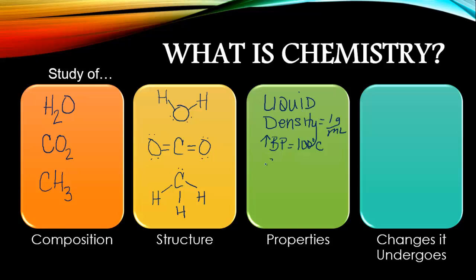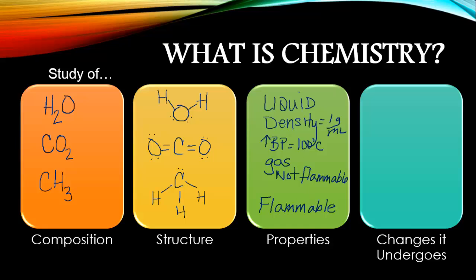Carbon dioxide is a gas already at room temperature, so it has a lower boiling point. It is not flammable. It actually is used to put out flames. And then methane. Methane we know is flammable.